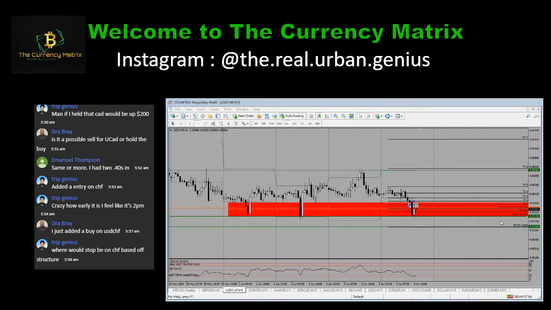That's roughly 15 pips. Depending on your risk, of course, is how much damage that is. But that's 15 pips.